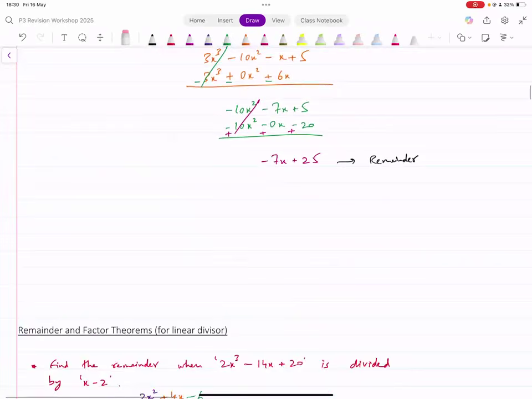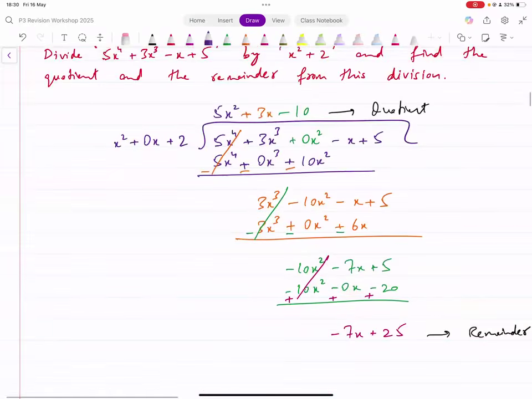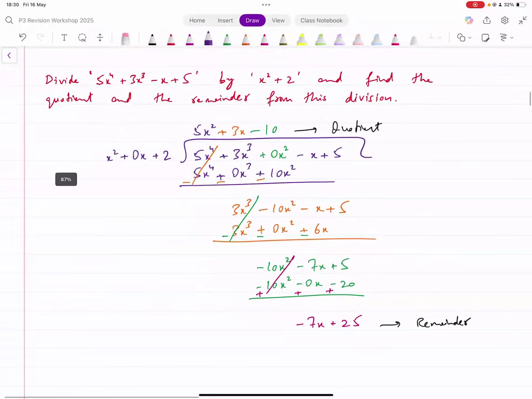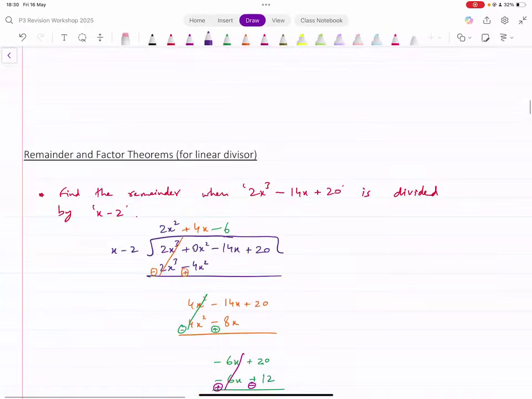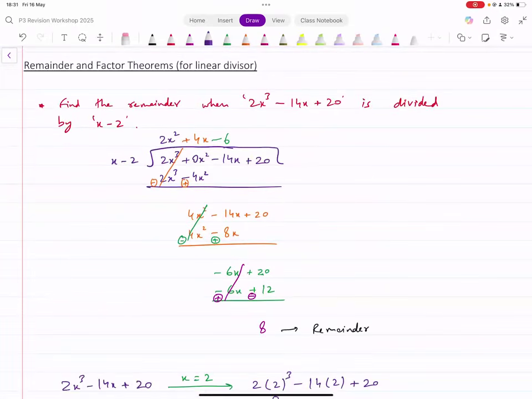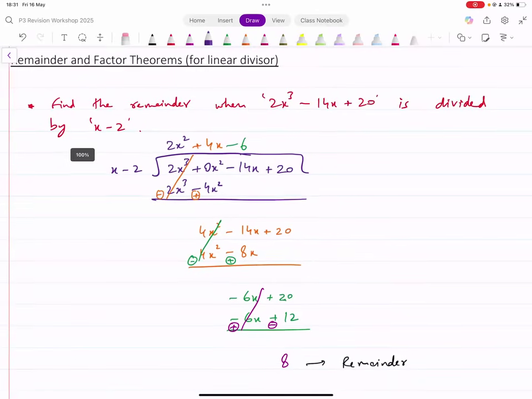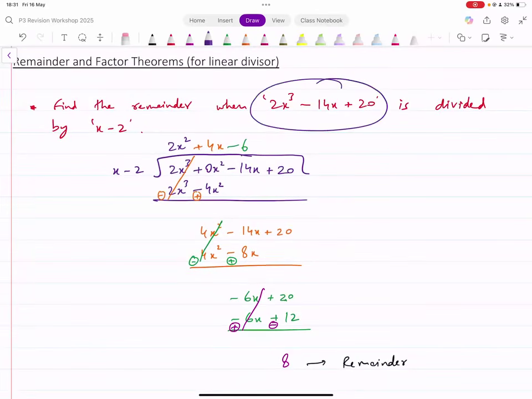Now, that's one major thing that you need to know in this topic: how to divide a polynomial by another polynomial. Then you've got the remainder and factor theorems. Now, if you had a polynomial like this and you wanted to divide it by some divisor and find the remainder from that, one idea could be that you did this whole division process and you got the remainder from that.